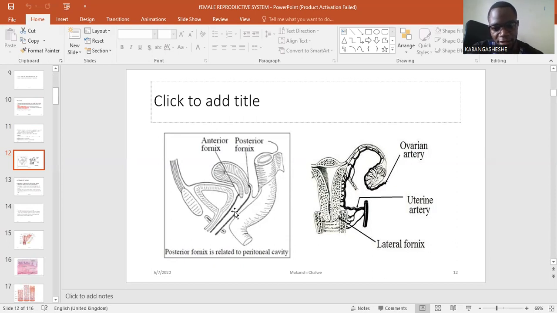The reason the vagina can accommodate the penis is because of its stretchability. At the same time, it allows birth of the fetus that was previously occupying the uterus, and it can expand and allow the fetus to be born. So those are the walls of the vagina.